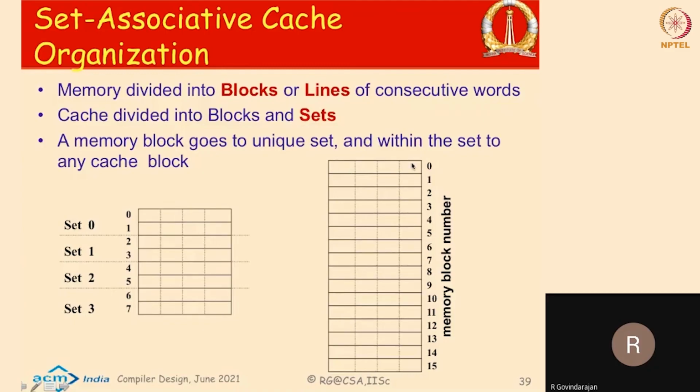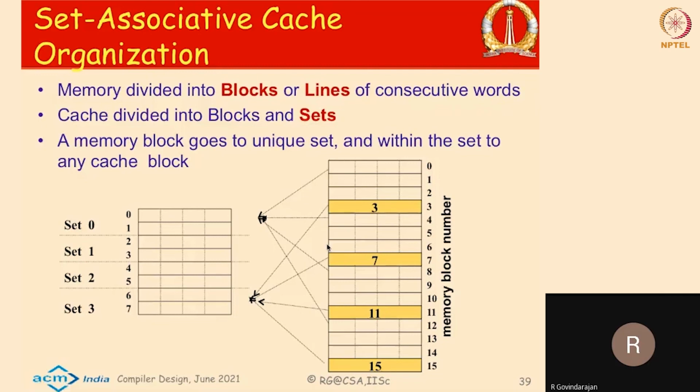So for example, here, if you assume that there are 32 bytes in a block, then all of these 32 bytes are brought in together. And depending on the mapping here, for example, blocks 0, 4, 8, etc. would get mapped to set 0. Blocks 1, 5, 9, etc. would get mapped to set 1, and so on.